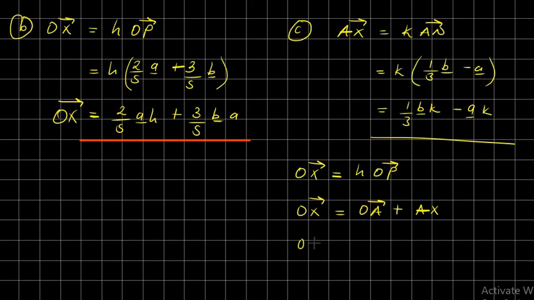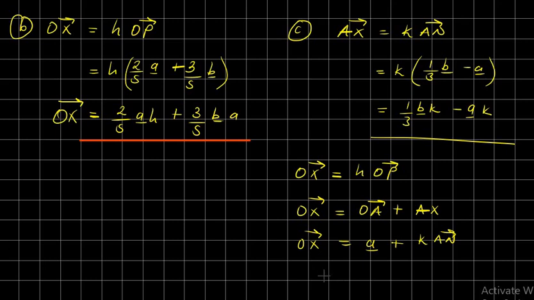Okay, so here what are we going to do? We say the vector OX is equal to, we know this is A, so this is vector A plus AX vector. The vector AX is same as K AN vector, because that's what we have here.